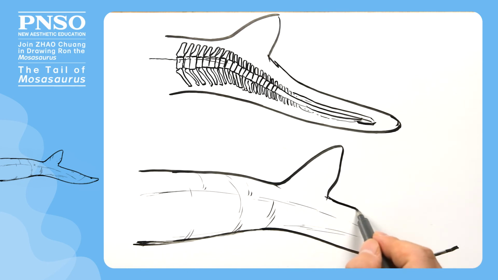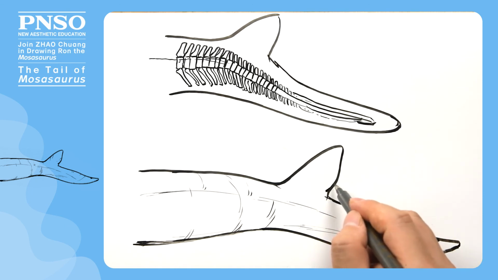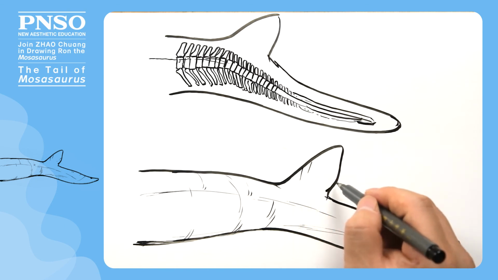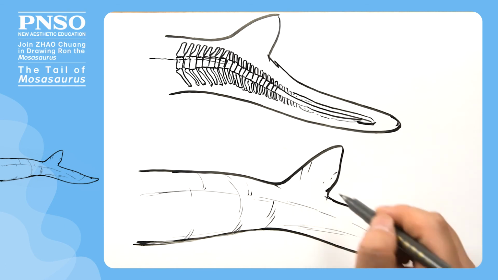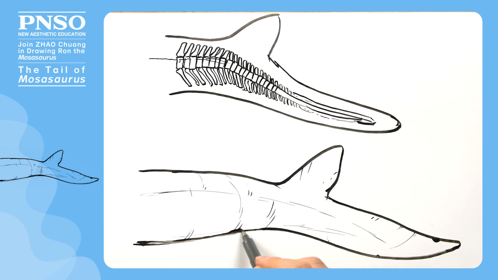Then this was the lower part of the caudal fin. We can add more details, such as scratches or notches. Good, we've finished drawing the Mosasaurus tail.